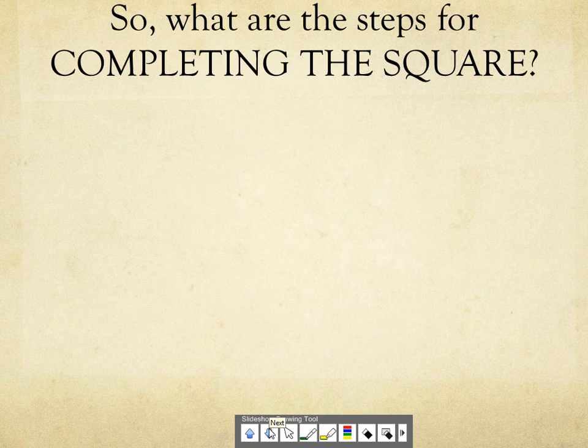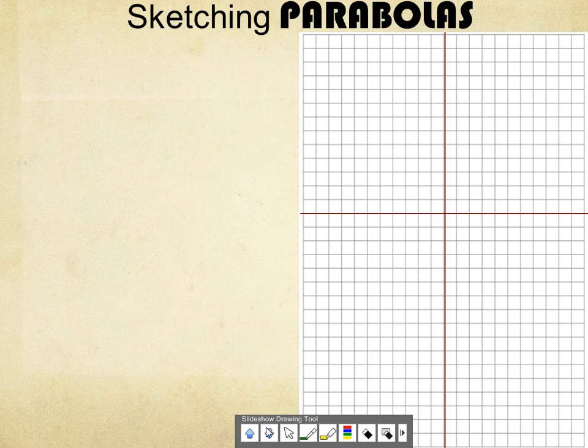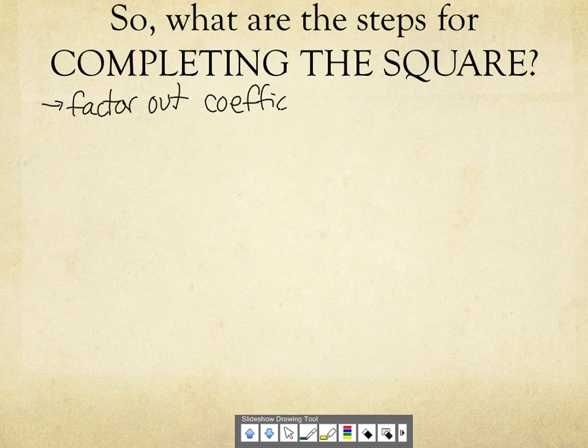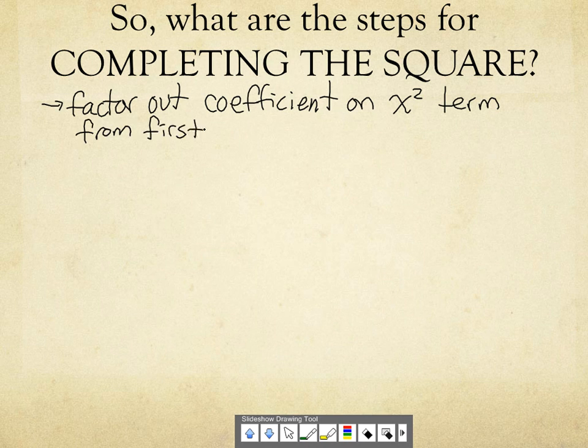Okay, so the steps for completing the square, basically what you have to do is, if there is one, you need to factor out the leading coefficient, so the coefficient on the x squared term, but only from the first two terms.